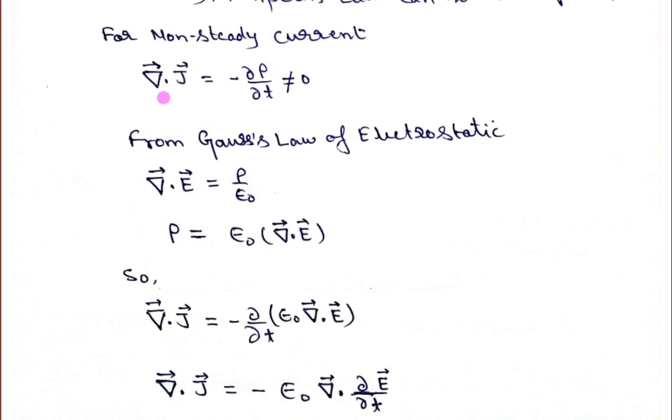For the case of non-steady current, divergence of J is equal to minus del rho upon del t, and this is non-zero.